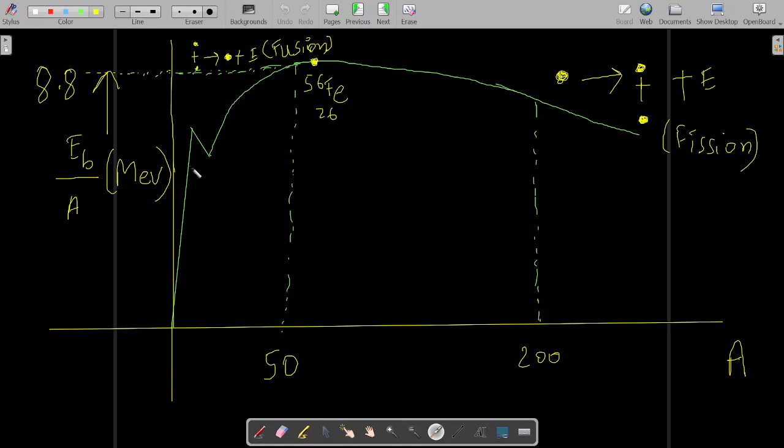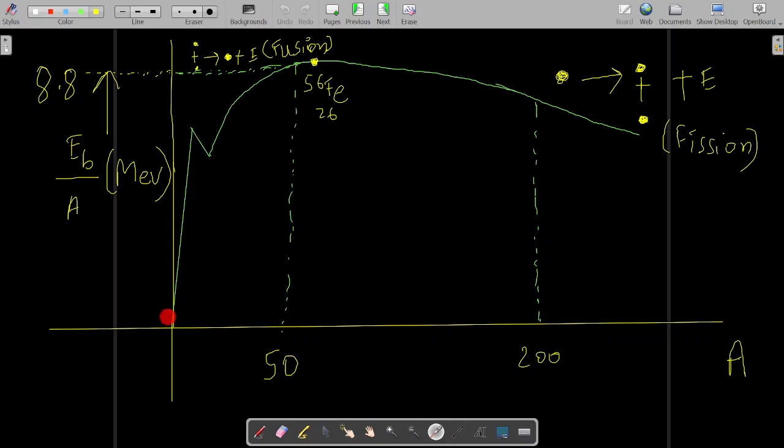So clearly this graph shows a trend that initially, with a slight increase in mass number, there is a very large increase in the binding energy. There is a steep increase in binding energy per nucleon for a small change in mass number, for very low atomic mass number nuclei.